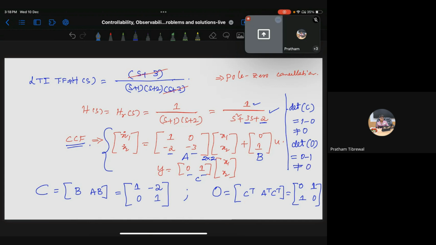So what does it mean? Because the determinant is not equal to 0, the rank is full rank. That means the system is controllable and observable. Is this clear?